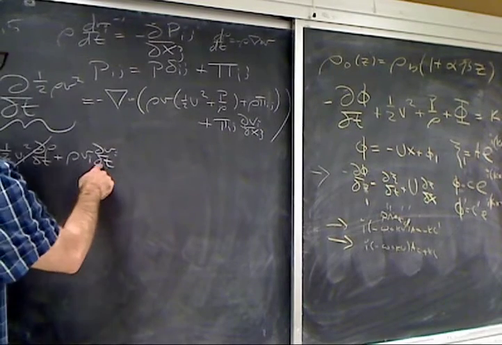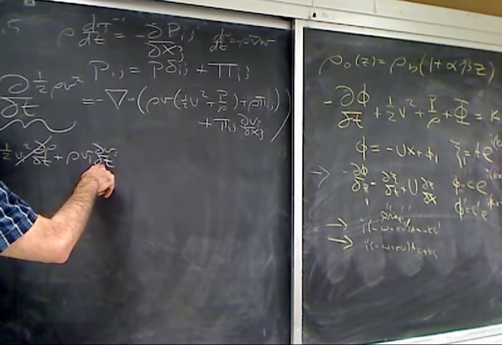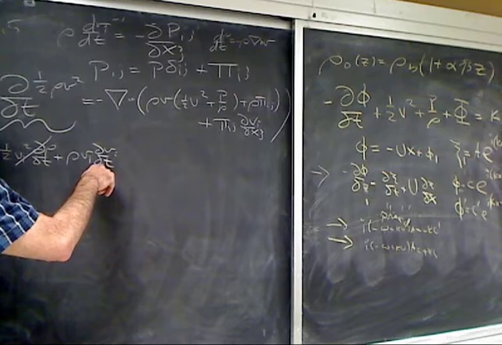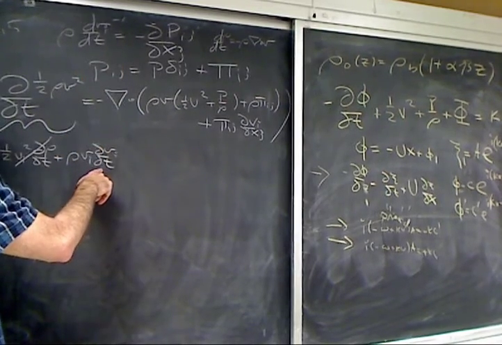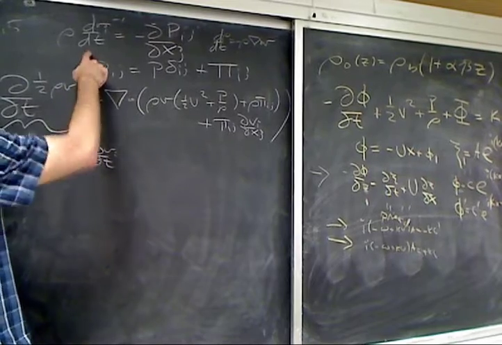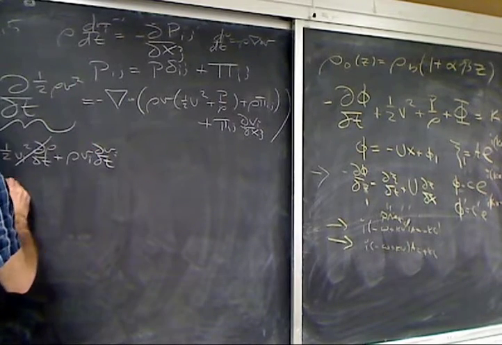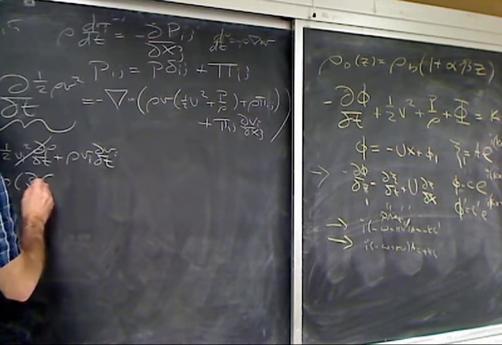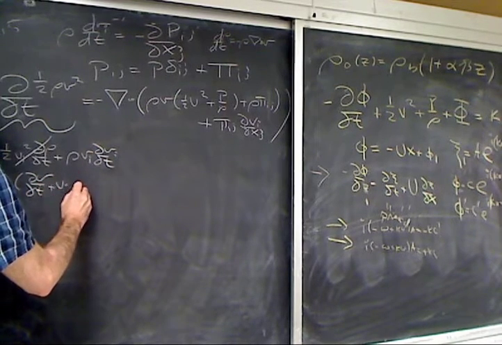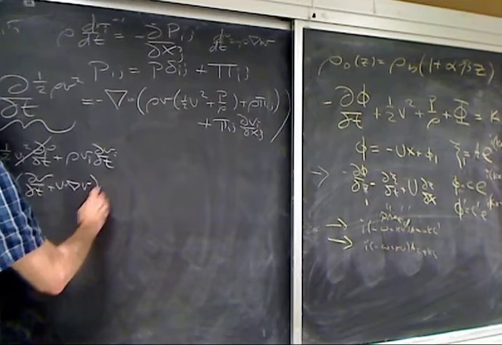So rho v dot partial v partial t. Well, it said use this equation, but I've got a partial. So let's expand this out. So this turns into rho times partial v partial t plus v dot grad v.